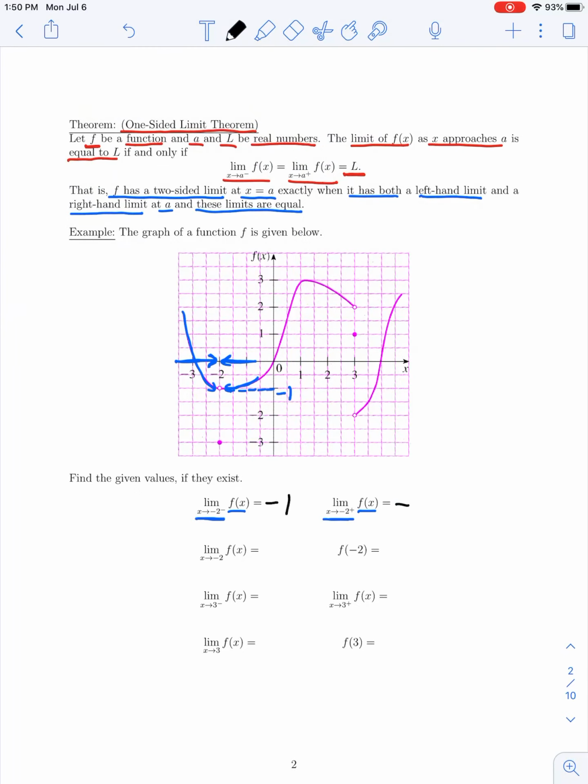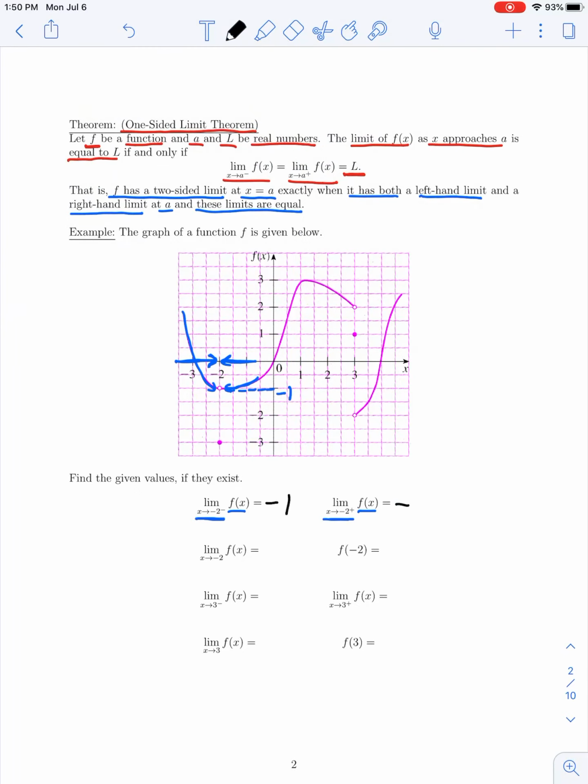So we've shown that both the left and right-hand limit of this function as x approaches -2 are equal to -1. Therefore, in the next part of this problem, we're asking for the two-sided limit of f of x as x approaches -2. And the one-sided limit theorem says, if the left and right-hand limits of f as we approach -2 are equal, then the two-sided limit must equal that same value, -1.